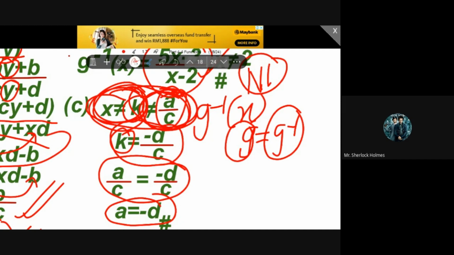Everyone understand? Can comment if you understand already. Then we can proceed next question. Understand, good. Others don't sleep, make sure you don't sleep.